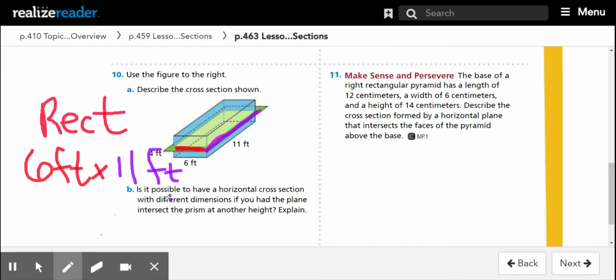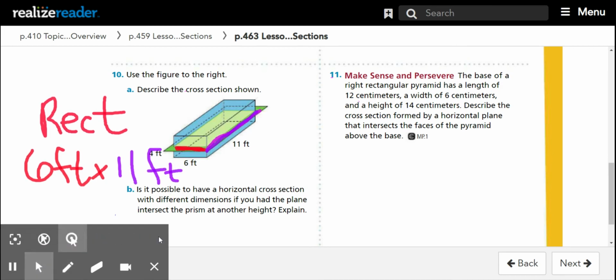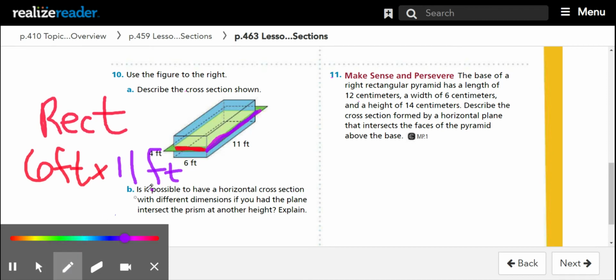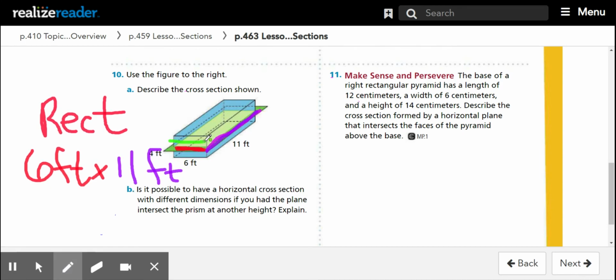It says, is it possible to have a horizontal cross-section with different dimensions if you have a plane intersect the prism at another height? So that seems like a confusing question. What it means is, if this green rectangle sliced higher on the rectangular prism, like let's say the green rectangle sliced up here and went straight across, or if it sliced down here at the bottom and went straight across, would that give you a different cross section?